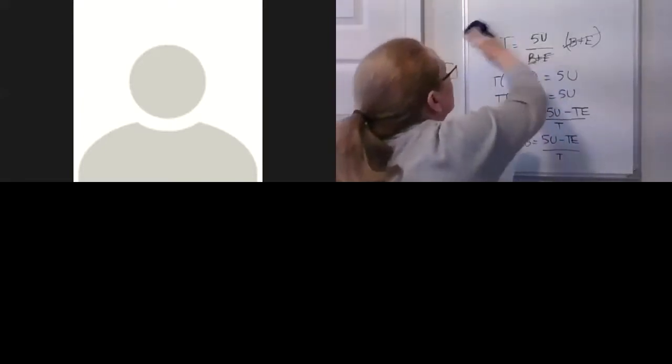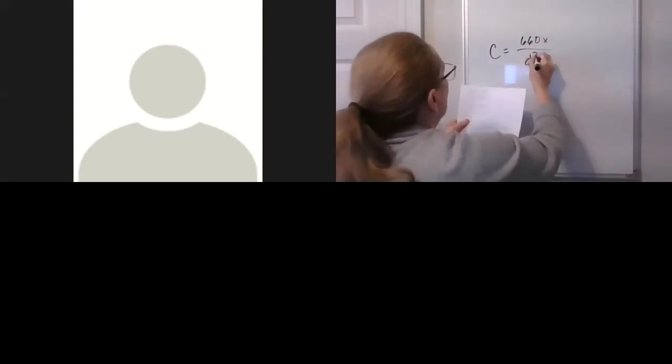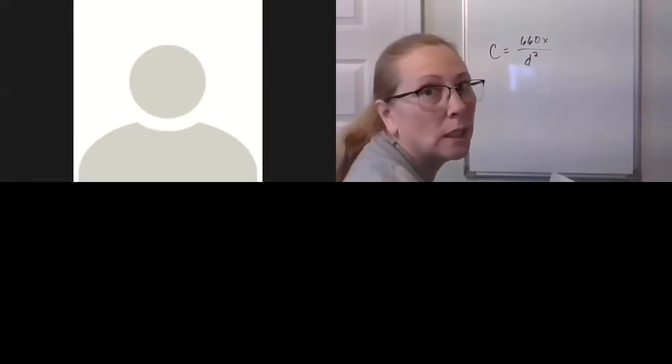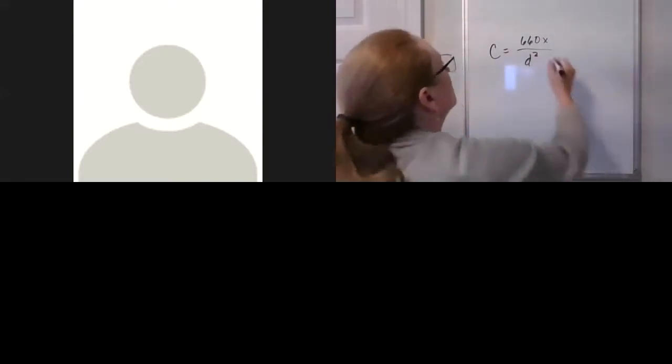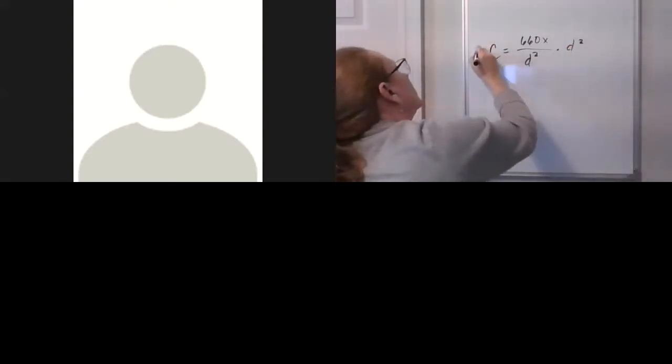Okay, next one up. C equals 660x over d squared. This time we're going to solve for x. Luckily, the x is already in the numerator. So I'm going to multiply by the LCD, d squared.